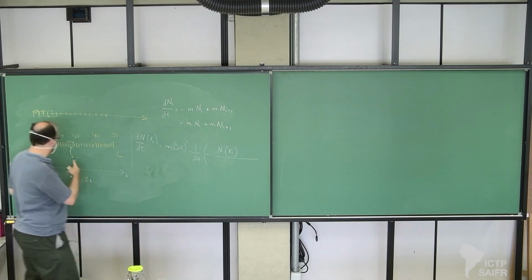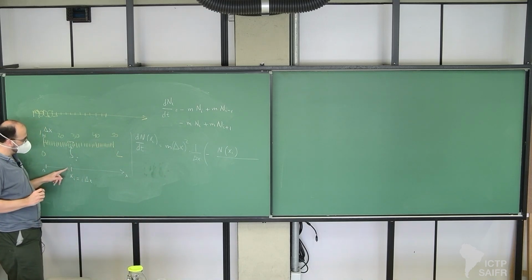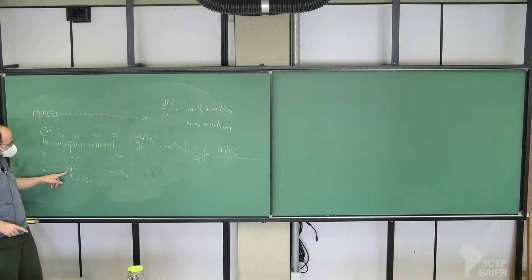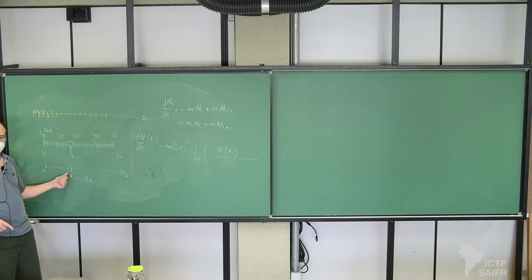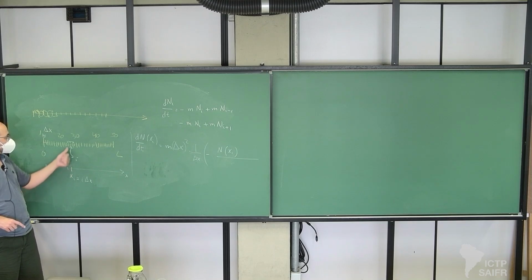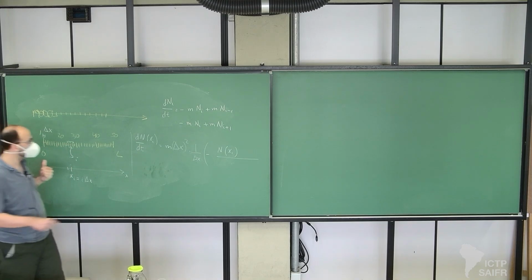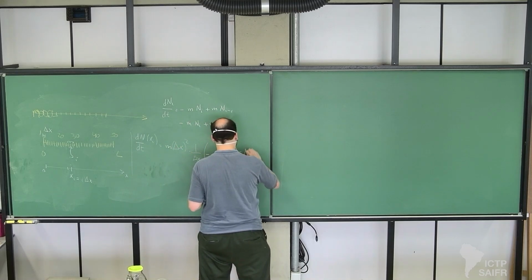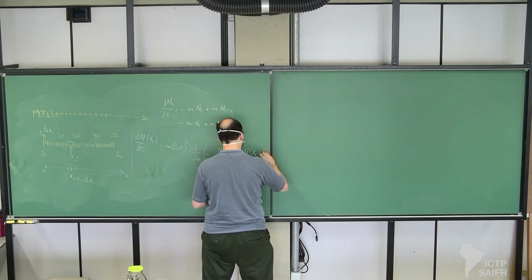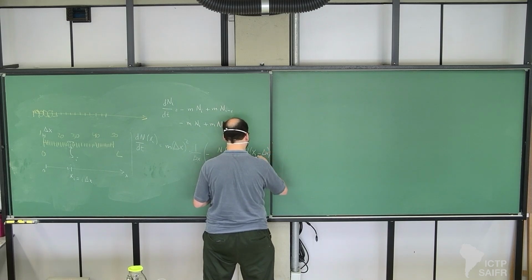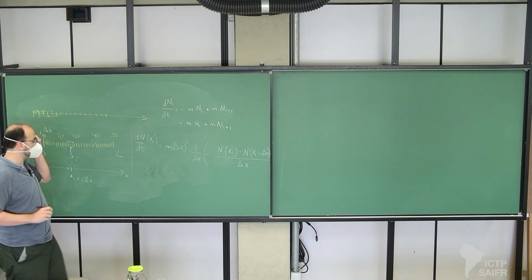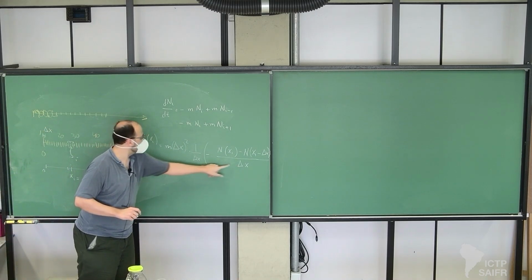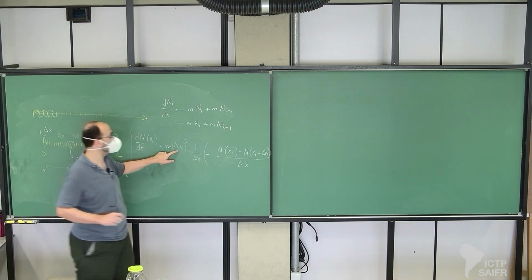It's the previous xi. The position of the left patch here is the position of this patch minus delta x, so this is minus n of xi minus delta x, okay? And I divide this by delta x. Delta x with delta x gives me delta x squared, that cancels with this here. This is the first term.